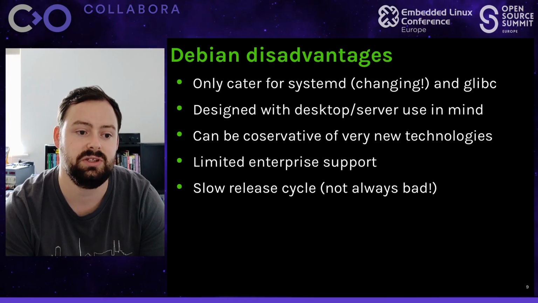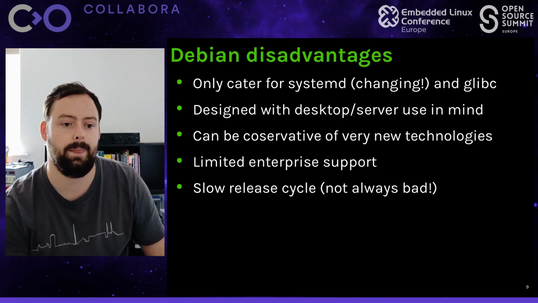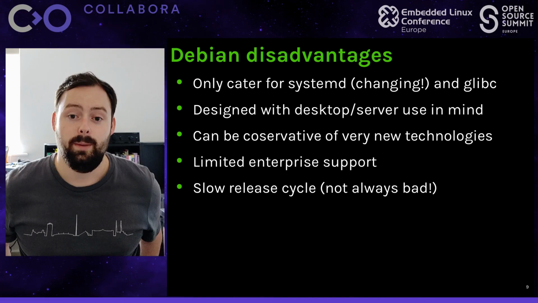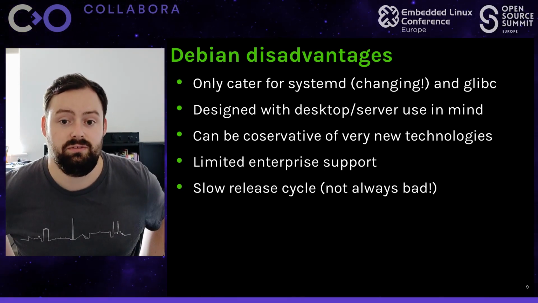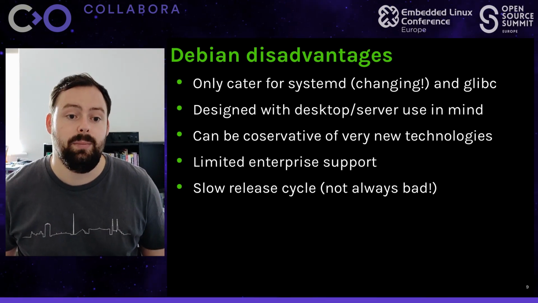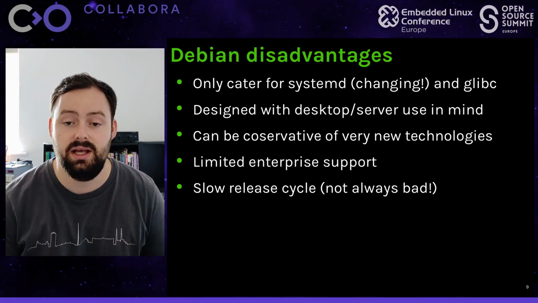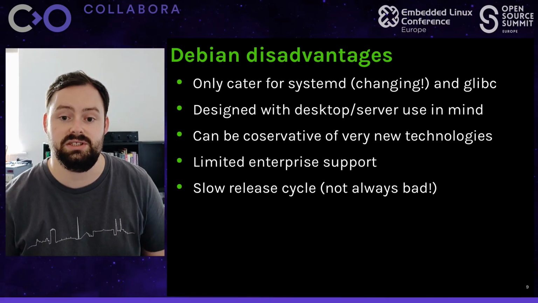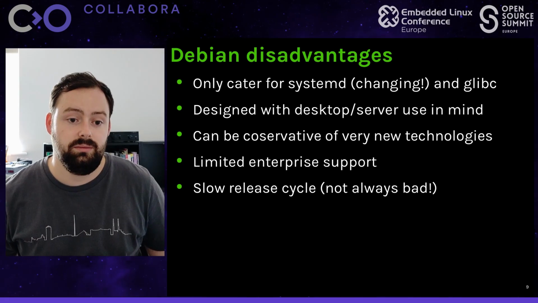So some disadvantages of using Debian. At the moment, Debian only caters for systemd. I mean, my view here is that systemd is the way to go in the future. Systemd is maturing really nicely these days, but Debian is changing now to let people try to choose their own way of starting the system, which is quite nice.